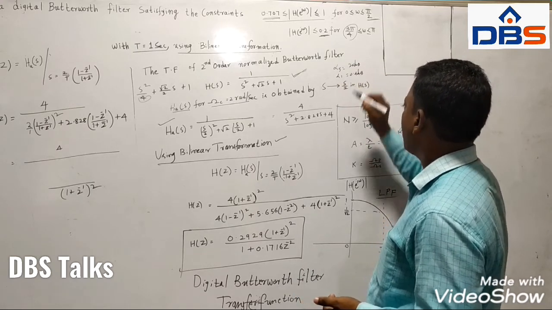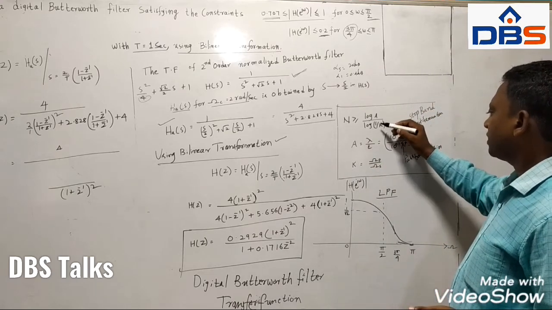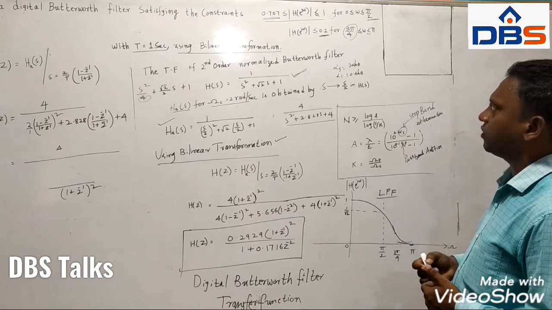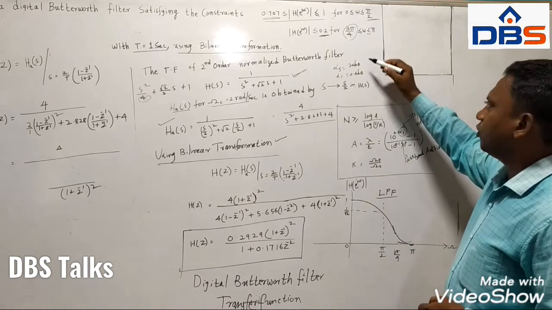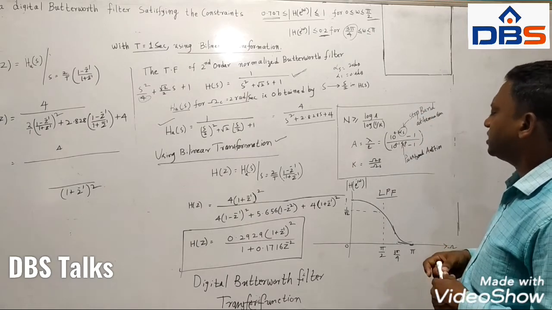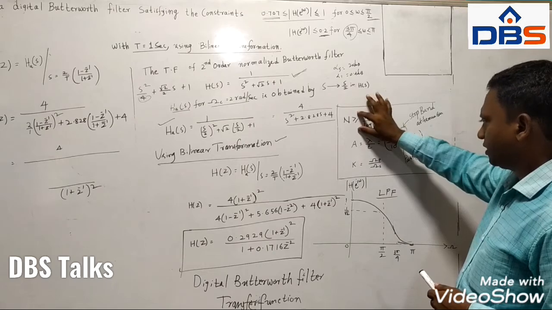If it is given like this, directly we can use this formula to find out what is A. K is omega p by omega s. However, omega p is pi by 2, omega s is 3 pi by 4, like that. So using this A and K also you can calculate the order.